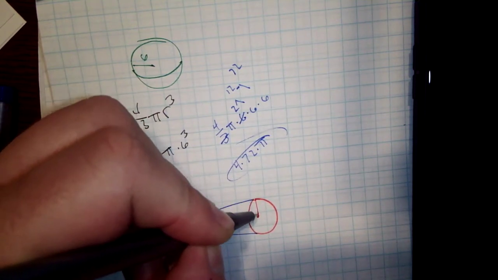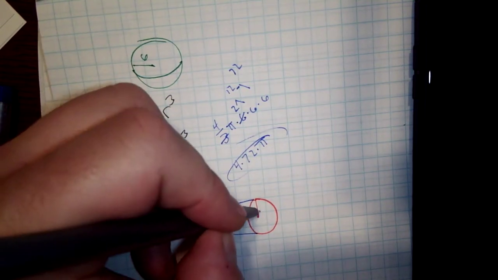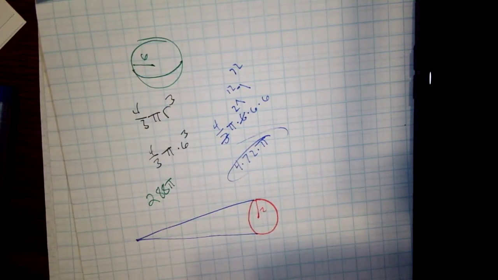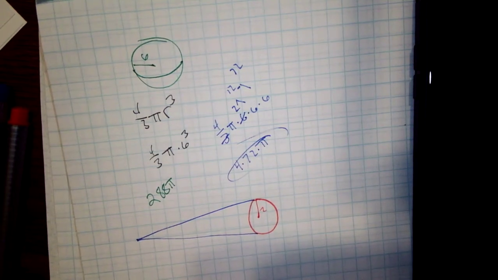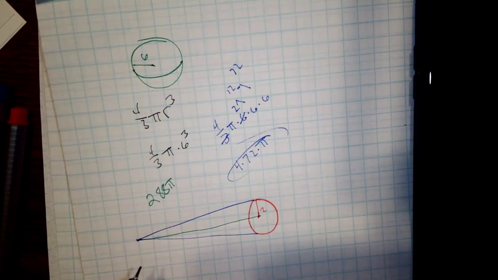It tells you the sphere is 2 inches, and the height of the cone, I know it doesn't look great, is 8 inches.